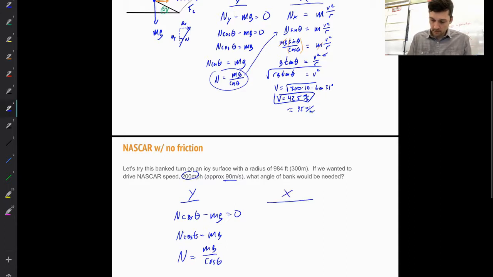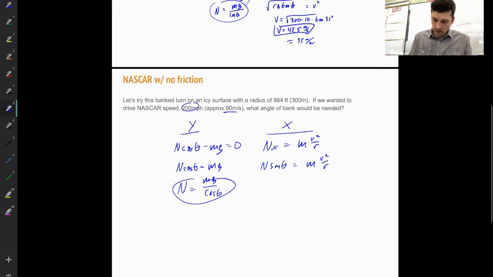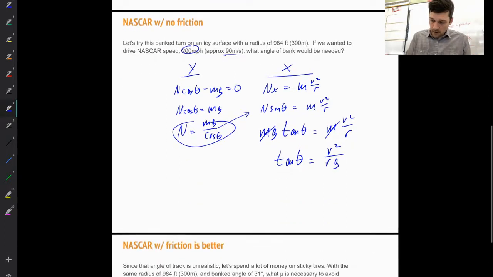And in the x direction, we've got the normal force in the x direction, N sine theta, equals mv squared over r. Sub this in, we end up with mg tan theta equals mv squared over r. M's cancel, but this time we're looking for the angle. So tan theta equals v squared over r g. Theta equals inverse tan of v squared over r g.